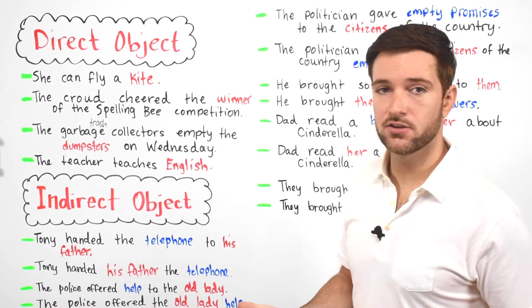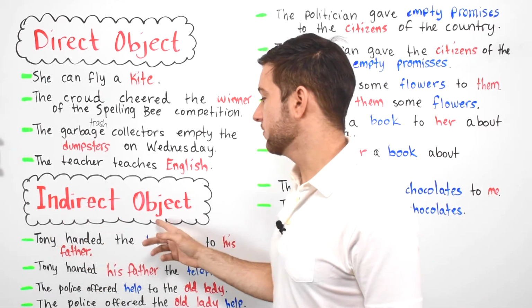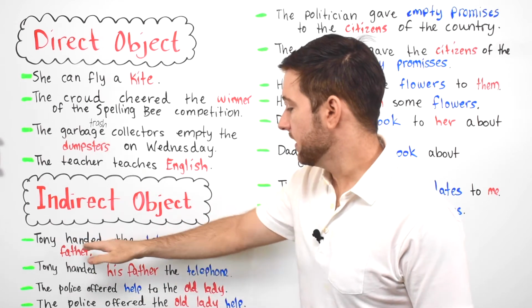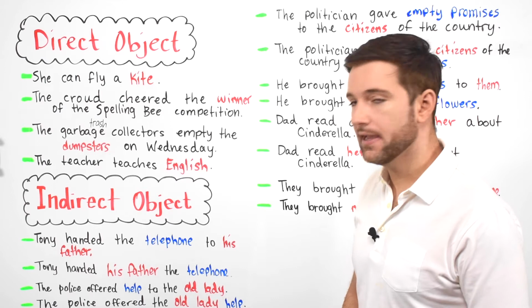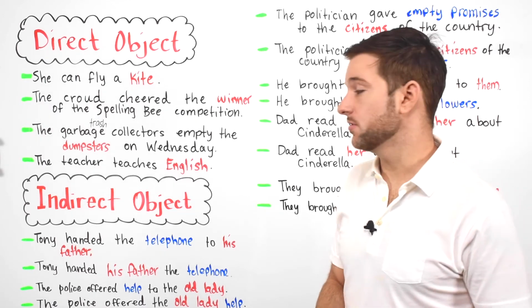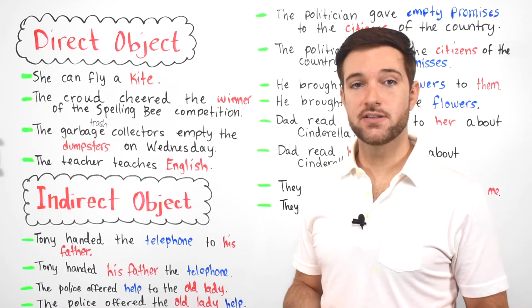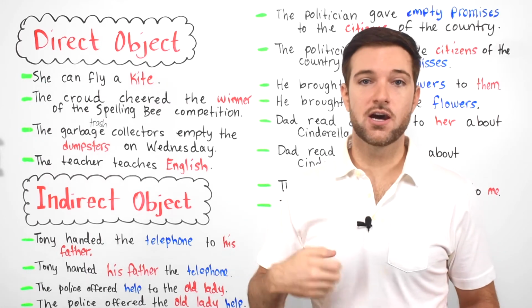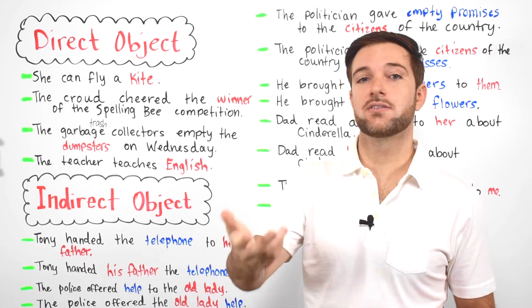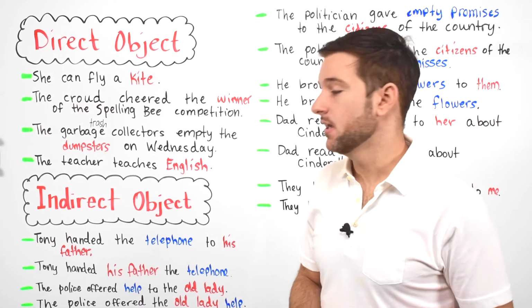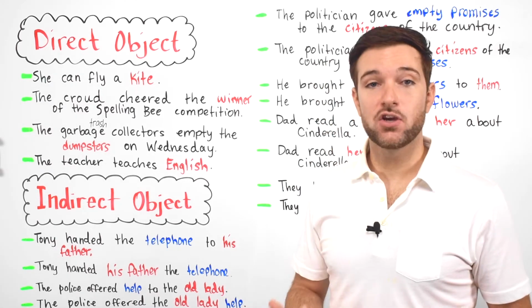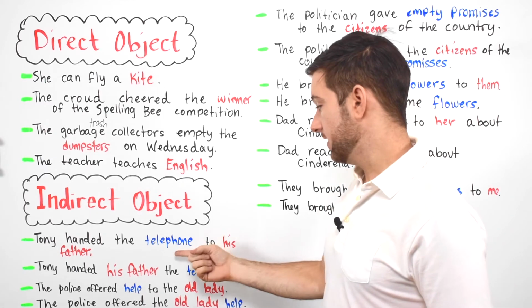Okay, so let's take a look at some examples. Indirect objects. Tony handed the telephone to his father. So as you can see here, the verb is to hand, right? Which is synonymous with to give, meaning to give somebody something, to hand somebody something. The direct object is the phone, the telephone.